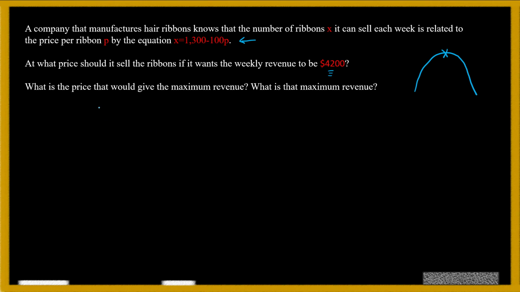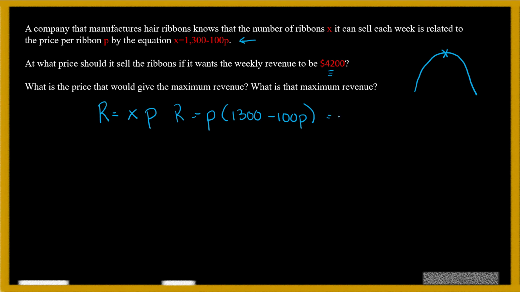So we need to go back to our revenue equation, which is the number of items times the price per item, and it could be written the other way, P times X. I'm going to put the P out front like we did before, multiplied by X of 1300 minus 100P. That's going to give me my revenue.